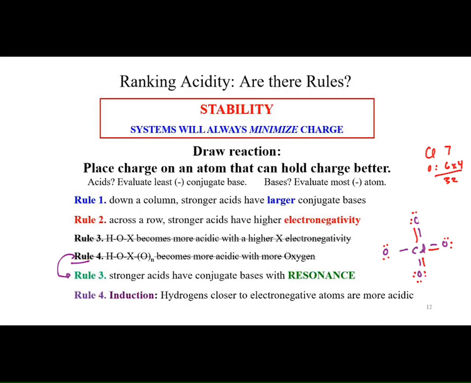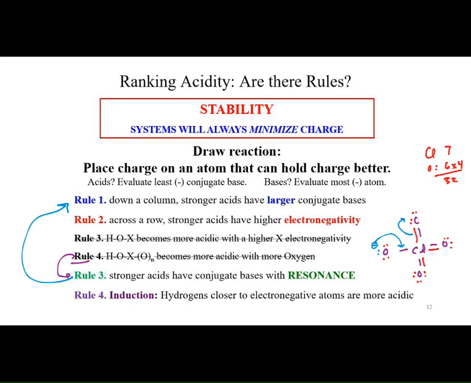If we remove that hydrogen, we'd have a negatively charged oxygen, and that would not be stable, except the more oxygens I put on there, the more potential for resonance. I'm now moving those electrons and sharing them across a larger space. Resonance is effectively size. It's the larger conjugate base, because the electrons are now allowed to move across a larger area.